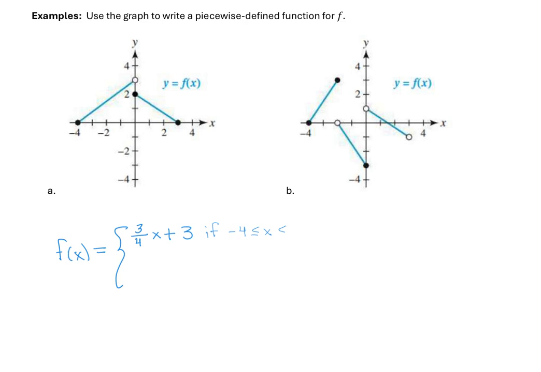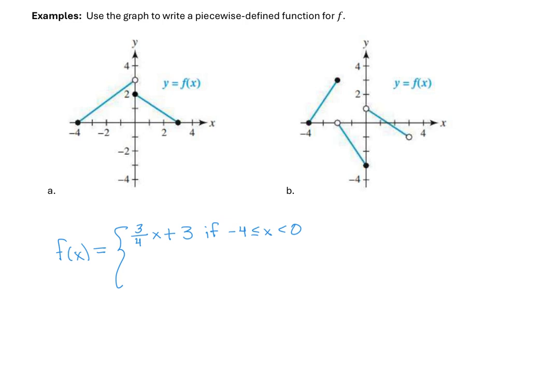I'm sorry, not 3, less than 0. Remember that we want the x coordinates, not the y coordinates. And so my x coordinate at that point is 0. All right, and that's the first part of our piecewise defined function.